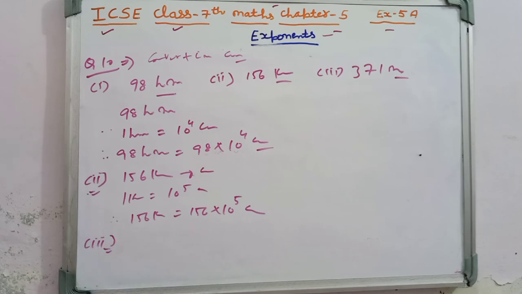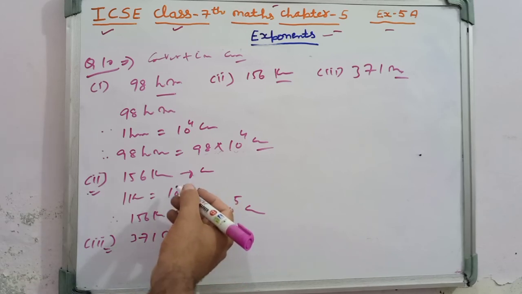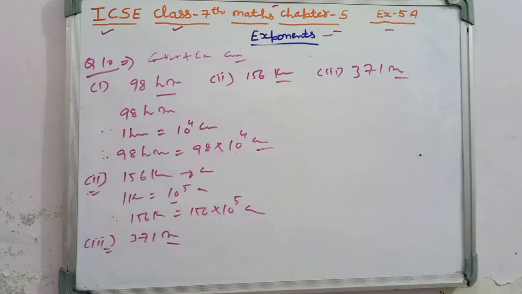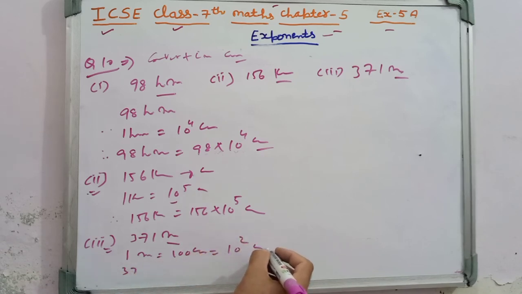Third is 371 meter. 1 meter is equal to 100 centimeter, that is, 10 raised to power 2 centimeter.